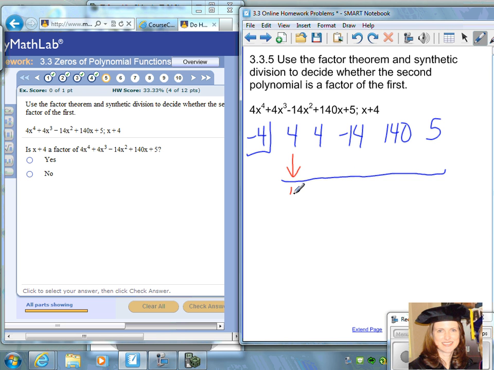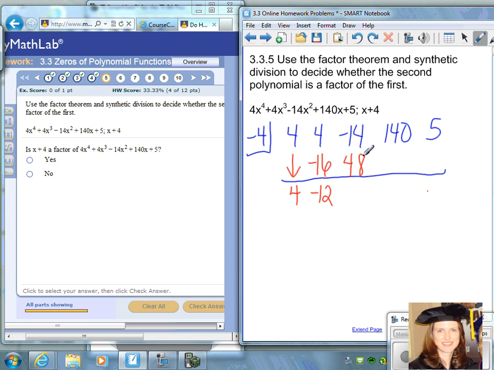Bring down the first coefficient, multiply 4 times negative 4 to get negative 16. 4 minus 16 is negative 12. Negative 12 times negative 4 is 48.